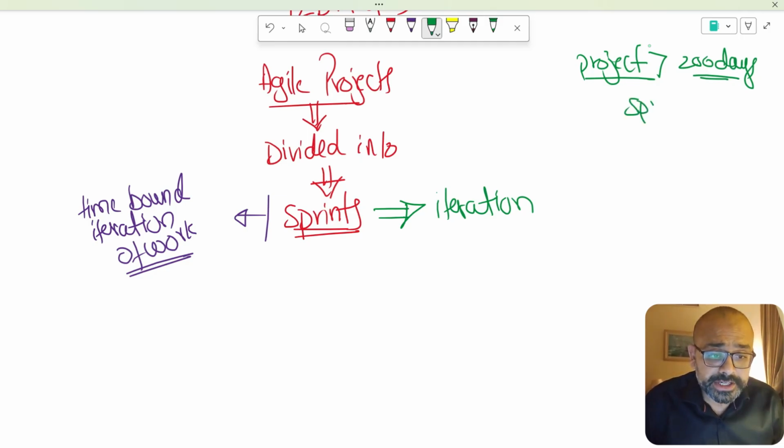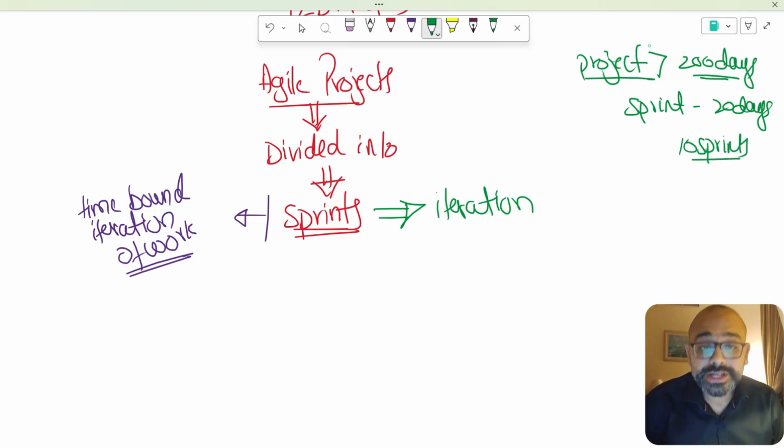Now if my sprint duration is 20 days, how many sprints do I need? Simple math. 200 days divided by 20 days a sprint means I need 10 sprints of 20 days each. That's how you understand the word sprint.